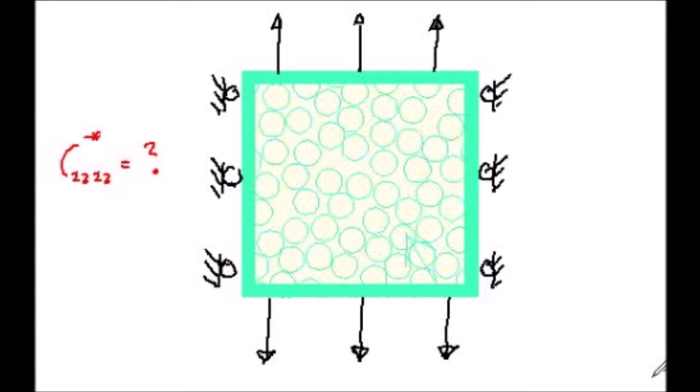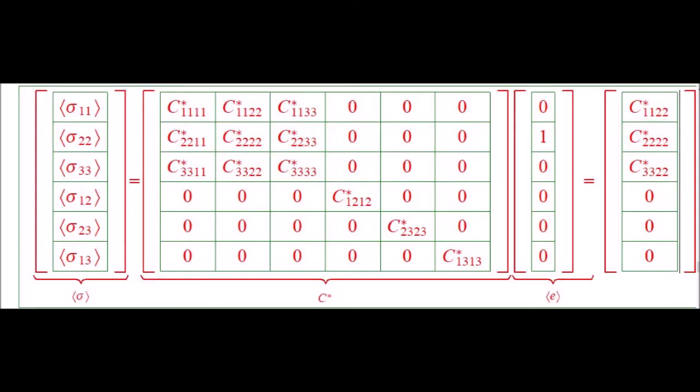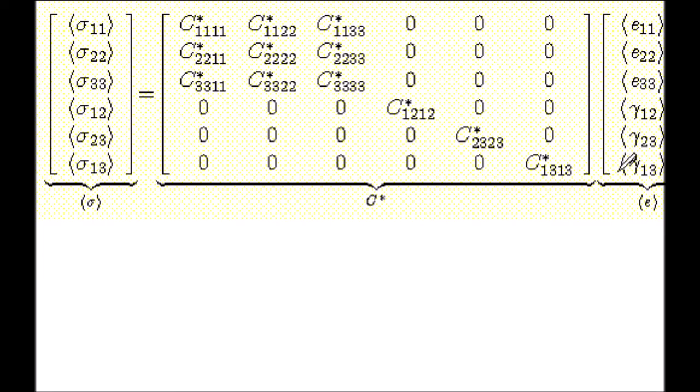Multiplying this stiffness matrix with a new average strain vector, we obtain the vector on the right hand side, which now is equal to the average stress vector on the left hand side, and therefore we know how to find this parameter in the same way as before. The third column in this stiffness matrix is found similarly.